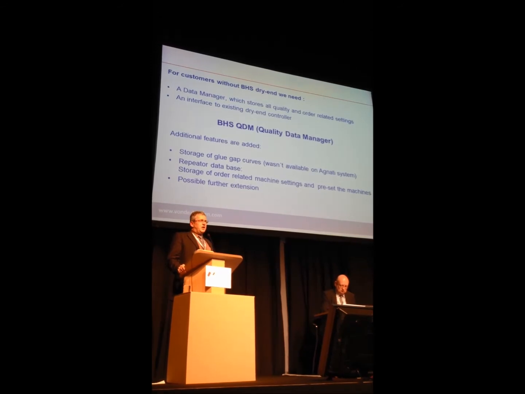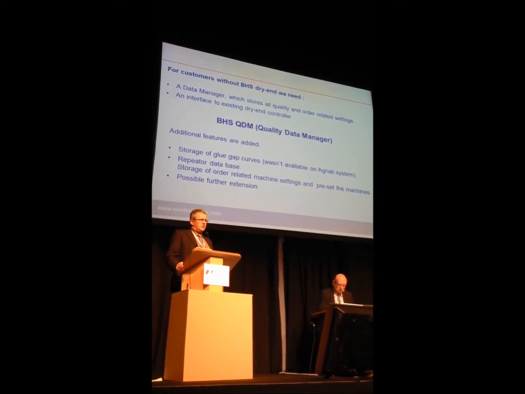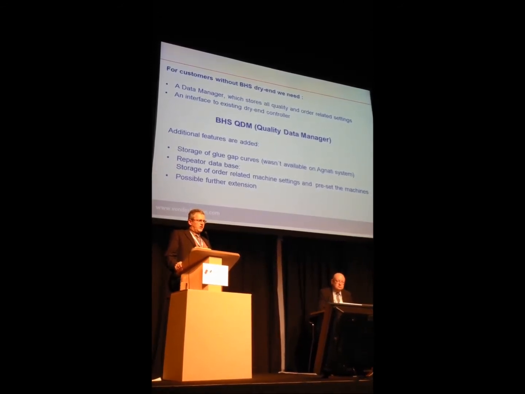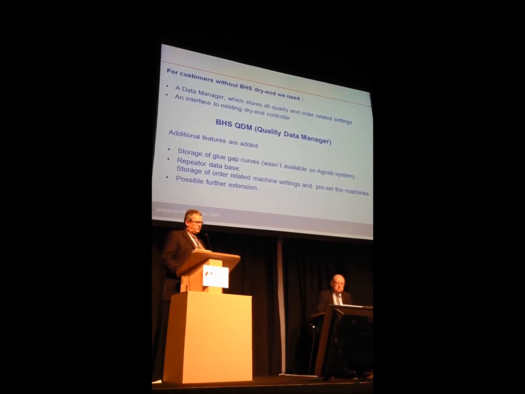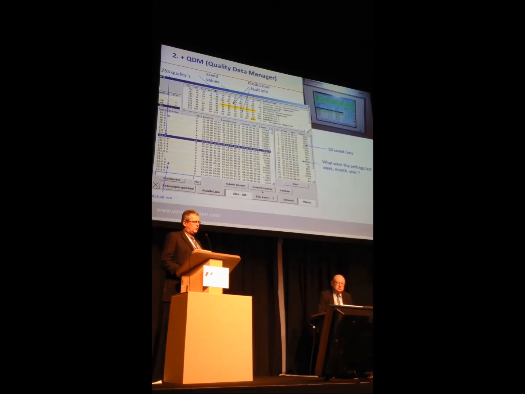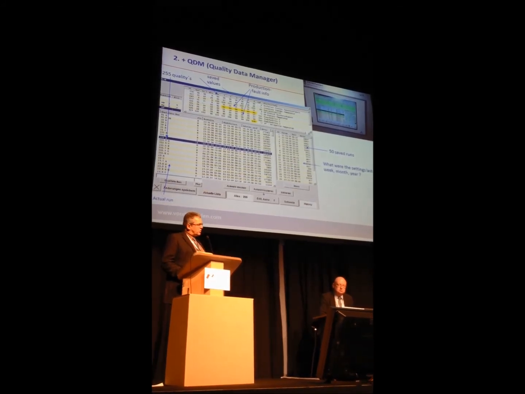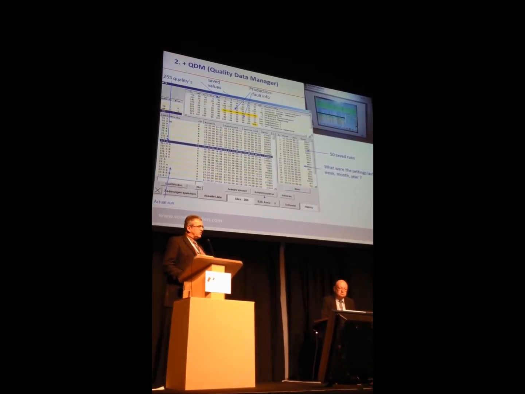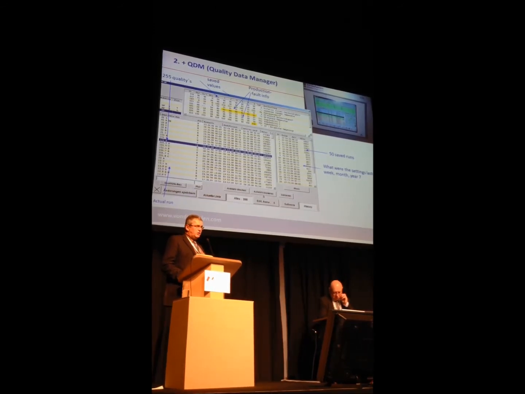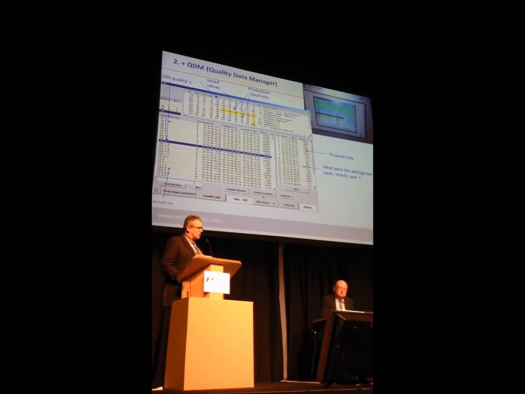We made a repeater database, so all the settings will come back when you have the same order again. And we prepared the system already for further extensions. Here we can store up to 255 qualities. You get the average from 50 saved runs. And you have a kind of reporting tool so that you can later read out how this order was run.